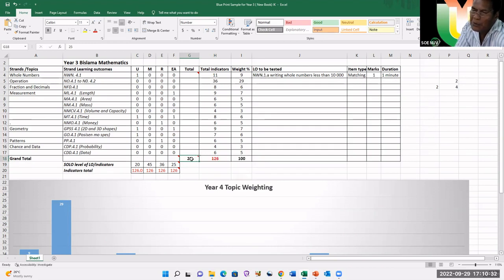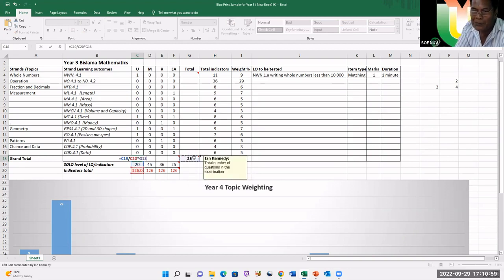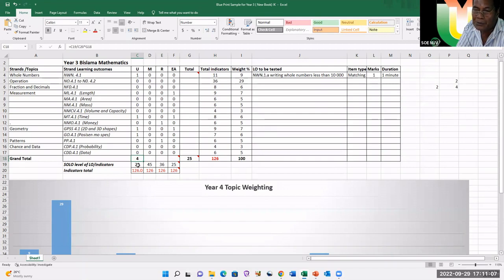And we know unistructural, multistructural, relational, extended. So the formula is equal to 20 out of 126, multiplied by 25, then it will give us the number of items to be tested in proportion to 20 for unistructural items for every strand.